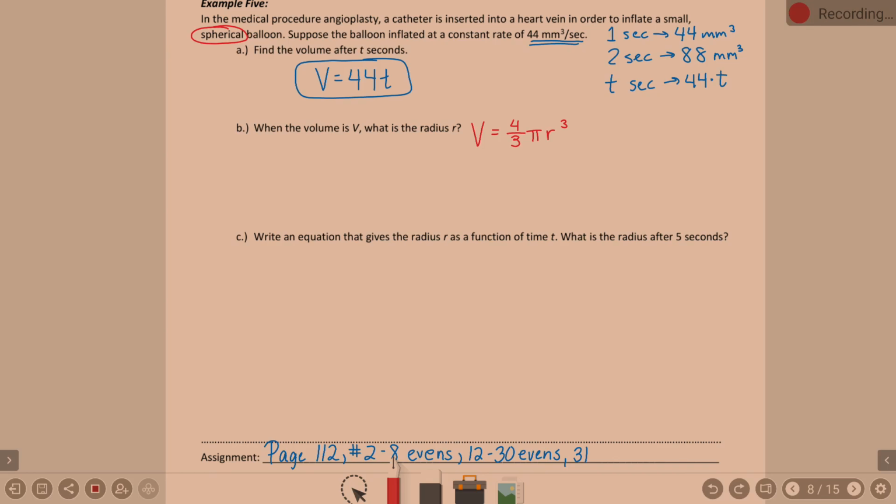You expect me to be neat. Is that what you want? Not really, no. Now, it says when the volume is V, what is the radius R? Your job is to take this equation and solve for R. What would you like to do to solve for R?